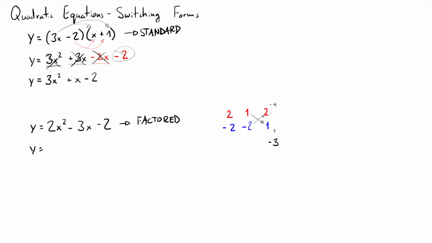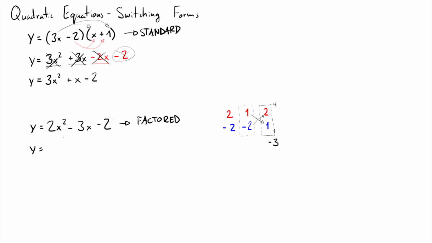And so these are our coefficients for our factored form. They're going to be these coefficients, -2 and +1, and +2 and +1.